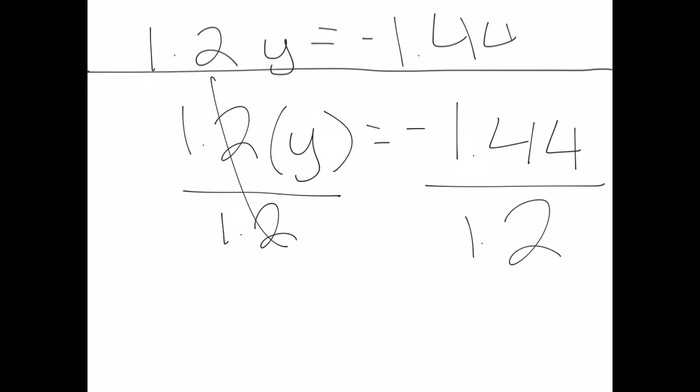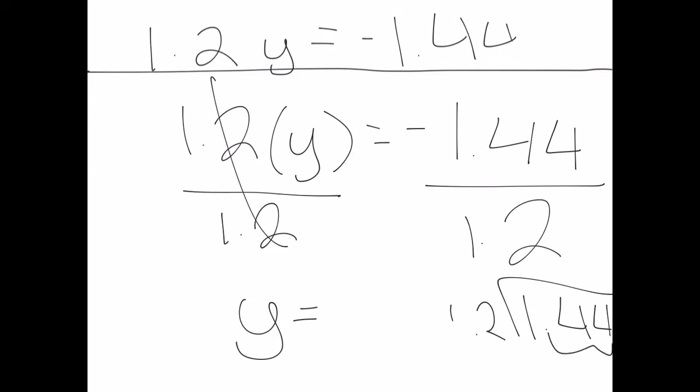So after that, we just carry down the y, and it will equal whatever this outcome is. We have to divide, so it will be 1.44 divided by 1.2. And so we have to move the decimal places over.